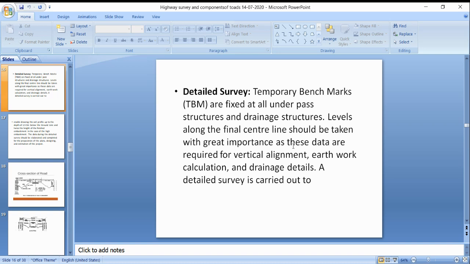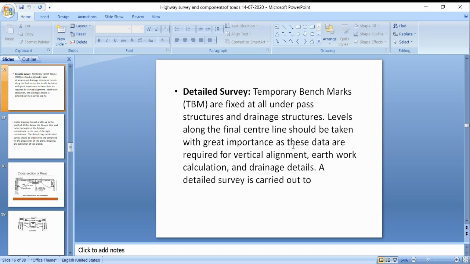The idea is to get the earthwork quantity along the traverse and also the longitudinal section. Along the longitudinal section, we have to get the earthwork quantity. So the following information is to be collected from the preliminary survey.